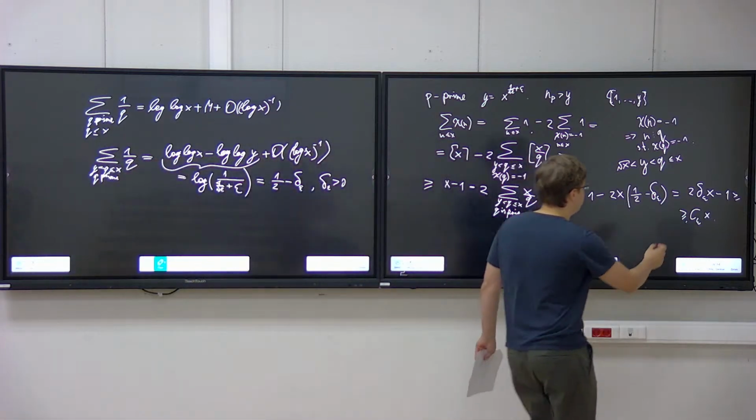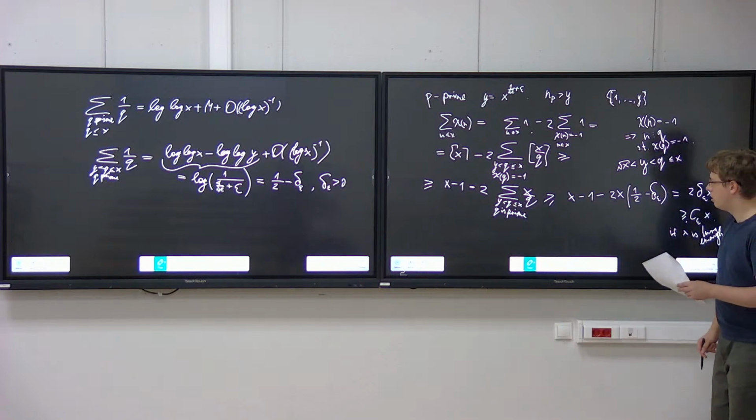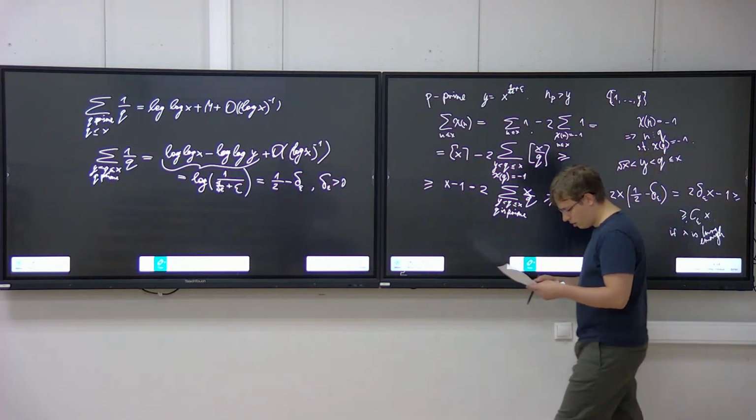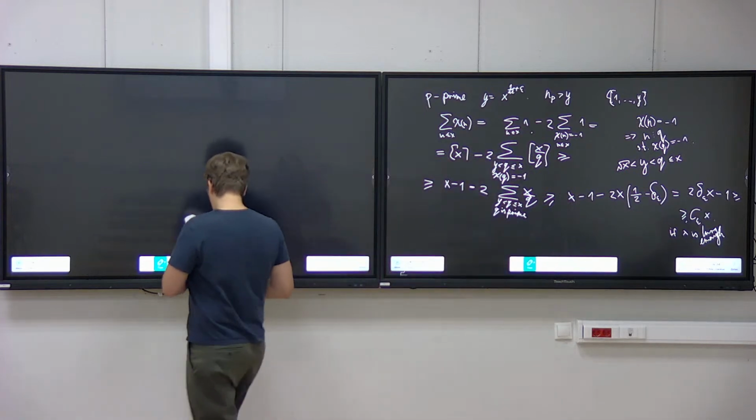Ну, у нас дельта эпсилон, при x большом это больше, чем дельта эпсилон пополам, if x is large enough. Константа на x минус 1 растет как, по крайней мере... Окей, and now finally, теперь нам нужно найти x эпсилон.